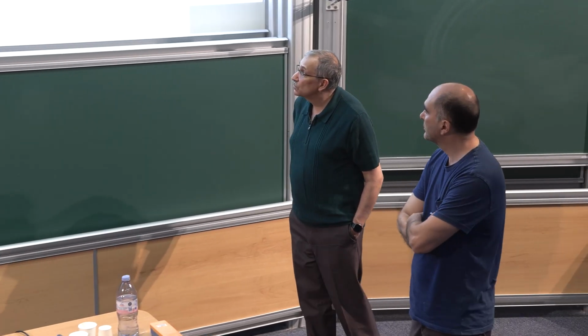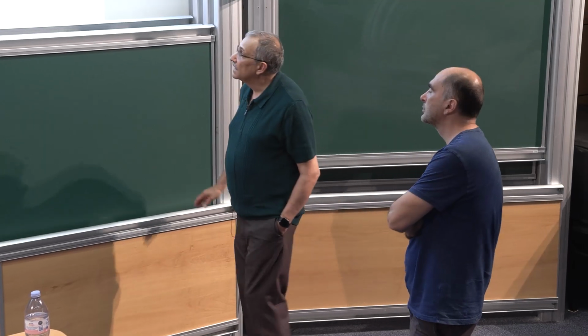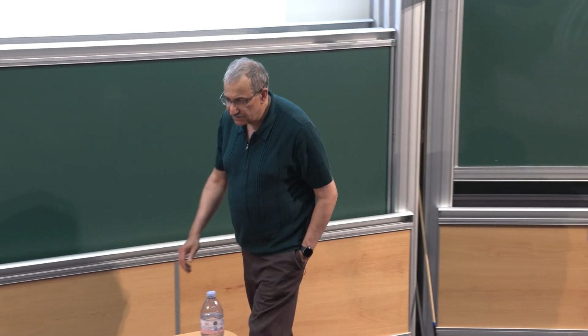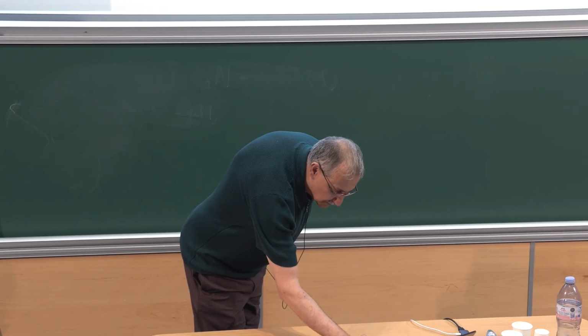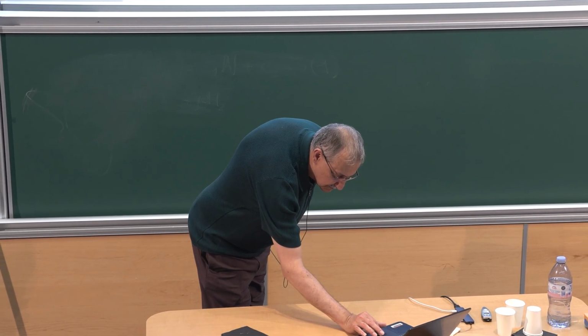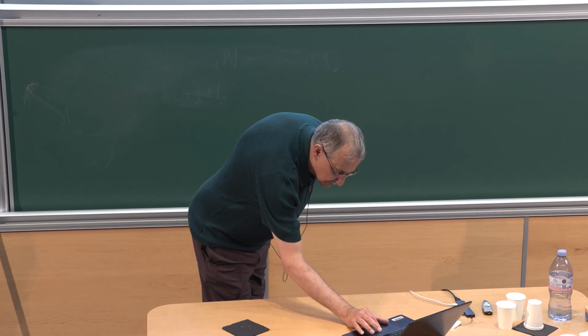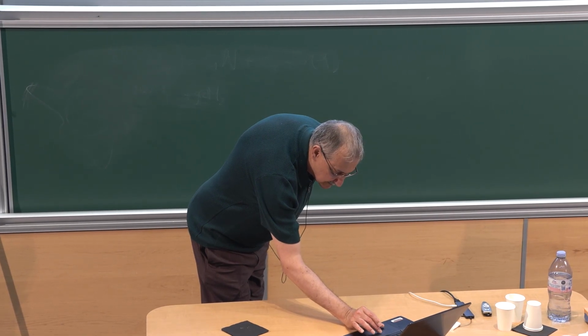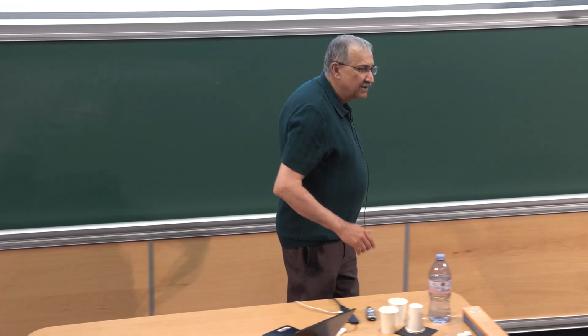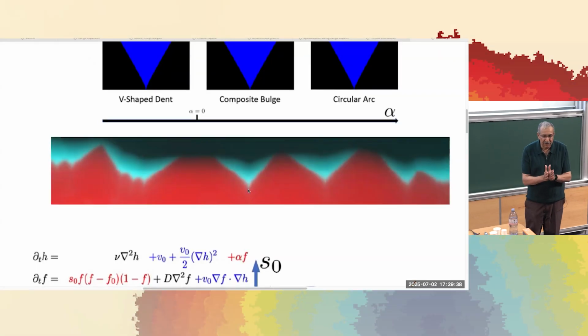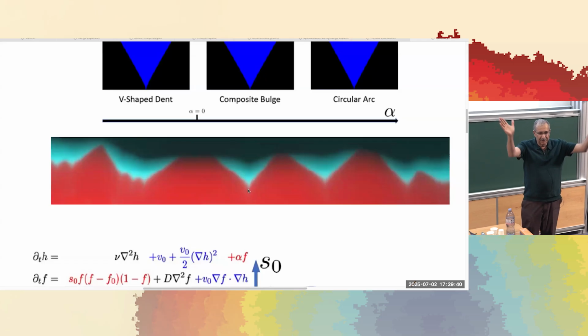No, you're right. There are a number of interesting things to look at. You can see that right at the beginning, it doesn't start like a V shape. It grows like this, and then it goes.